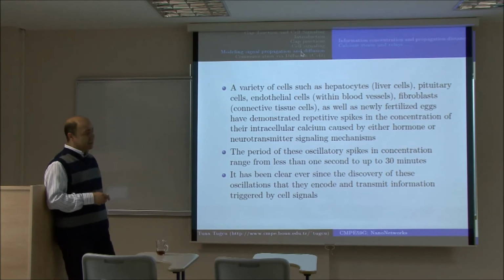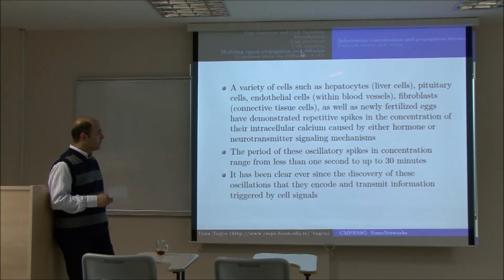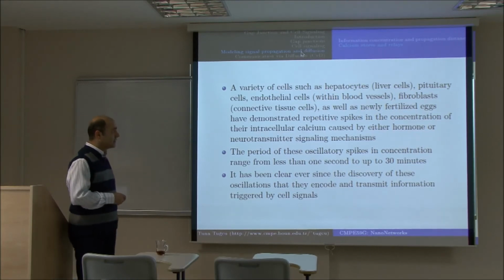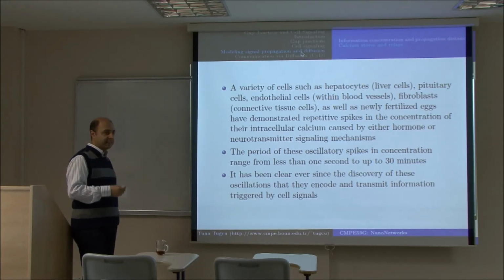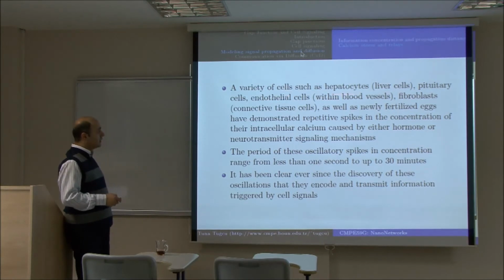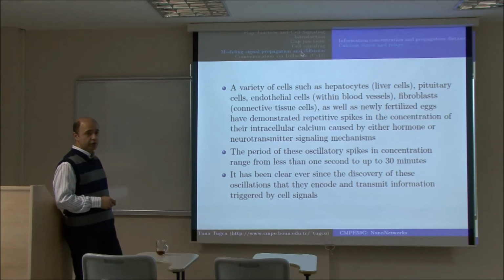There are different types of cells that make use of intercellular calcium waves. For example, the hepatocytes, like the cells in the liver, pituitary cells, the cells that are used in the blood vessels, and also the tissue cells, all make use of calcium ion waves.